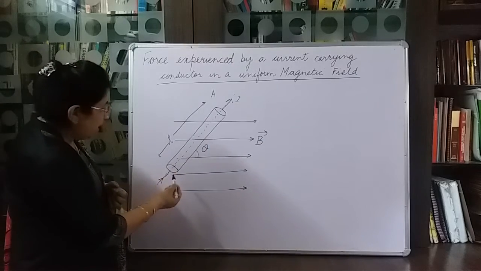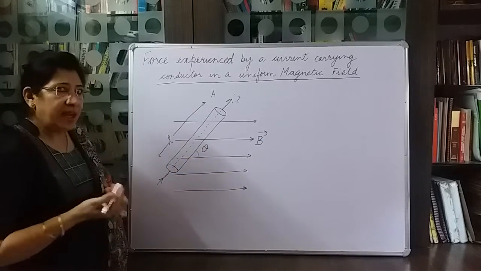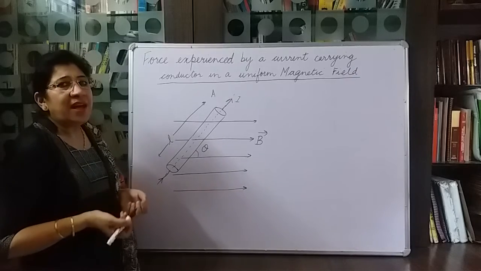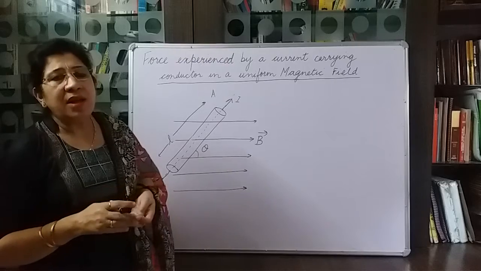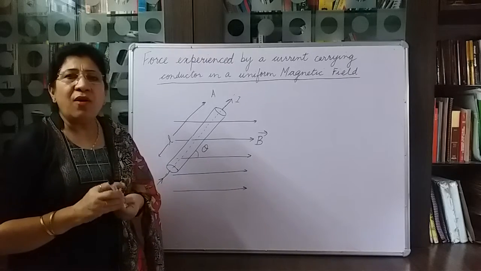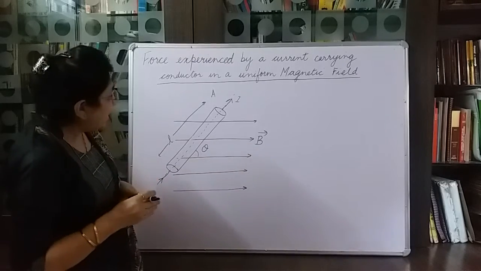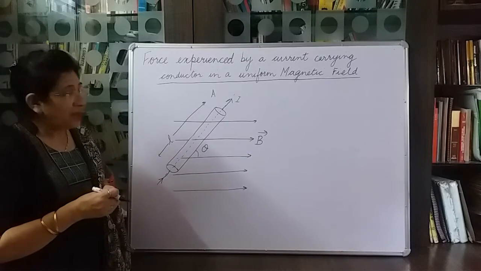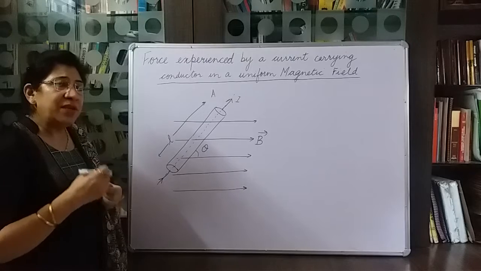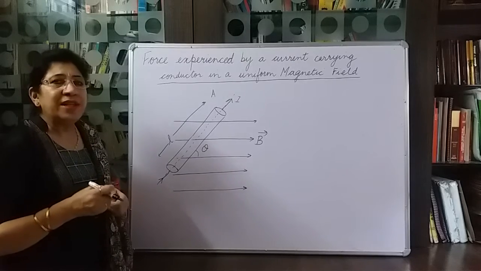When we say current, we can also say the current element L. L is the length. We can also call it, according to Biot-Savart law, the current element. The direction of the current element is the same as that of I. At this point, we also need to see the direction of the electrons.